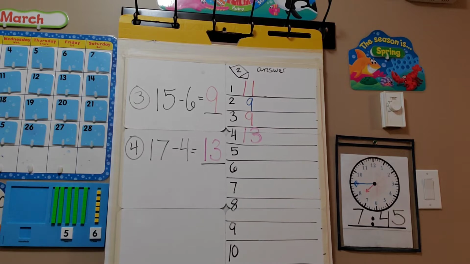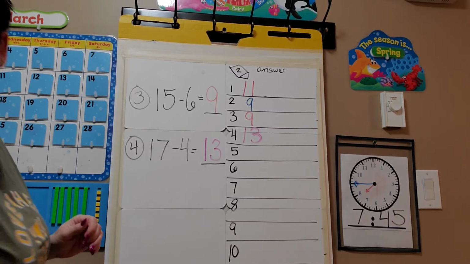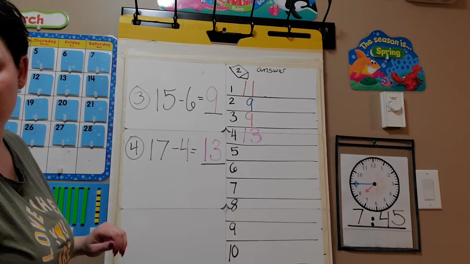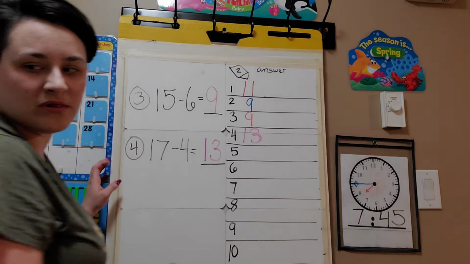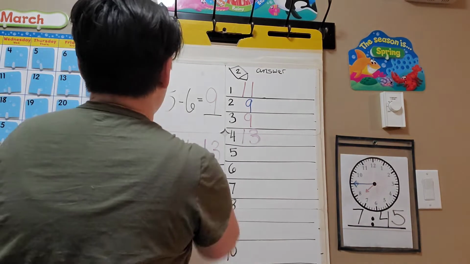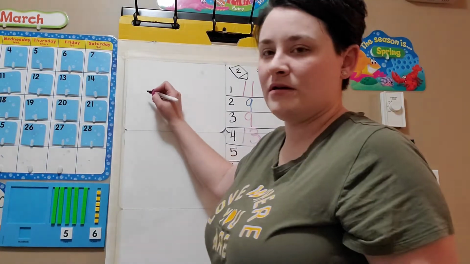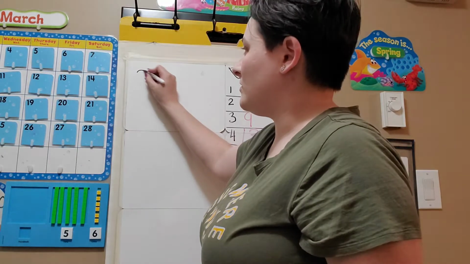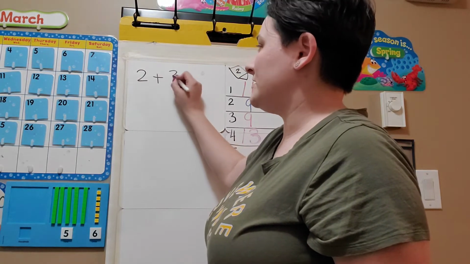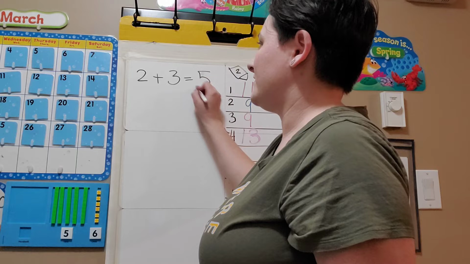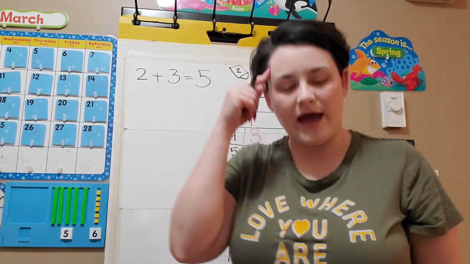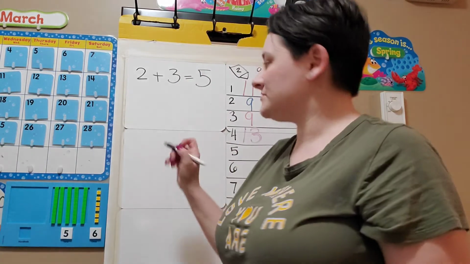All right, number 5. Which is another way to write 2 plus 3 equals 5? They want to know another way to write 2 plus 3 equals 5. So we're thinking in our head about related facts.